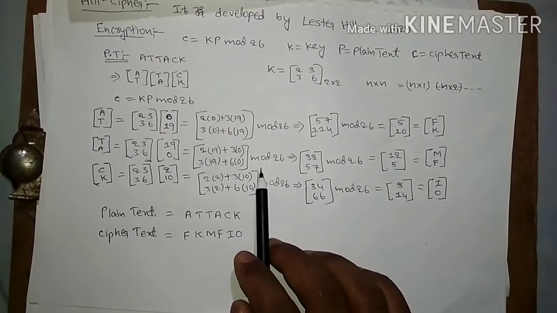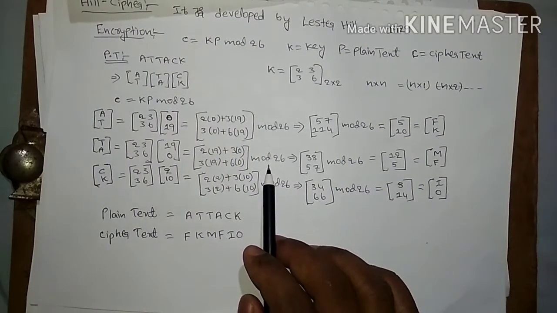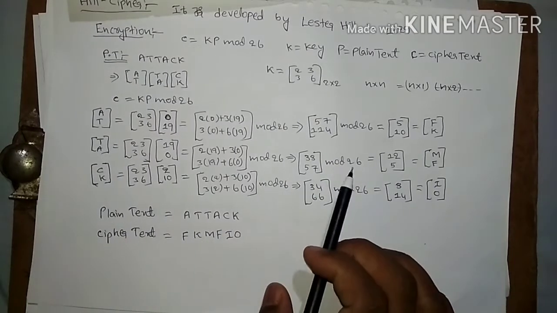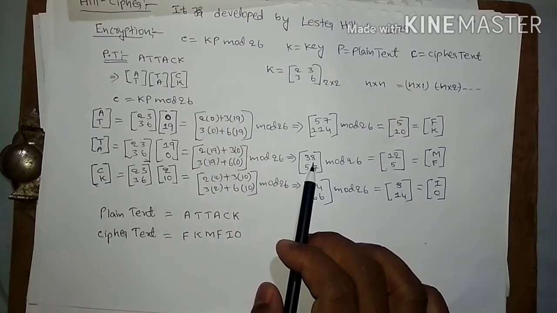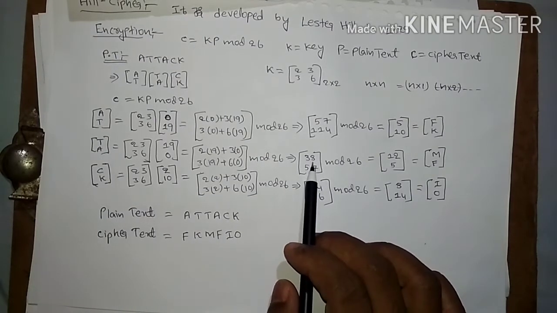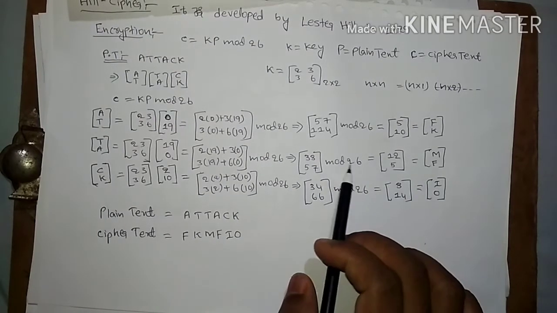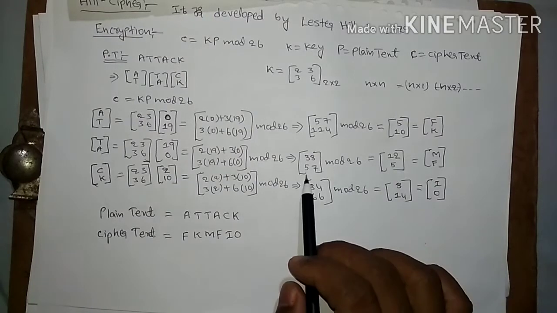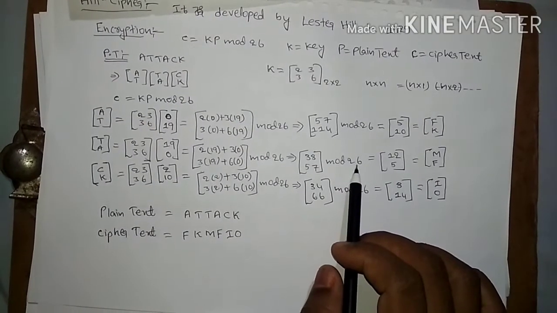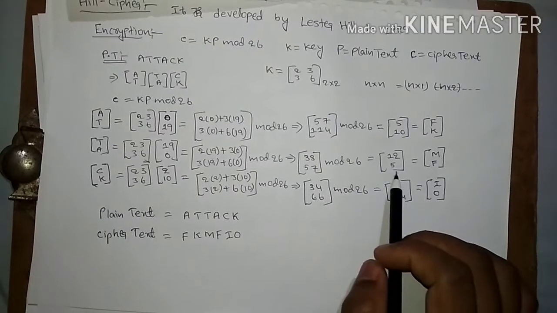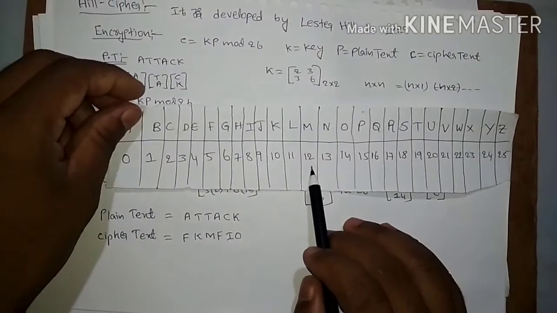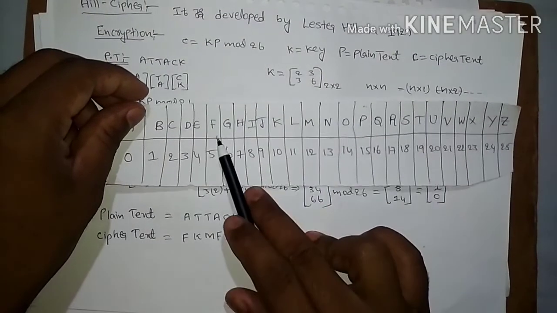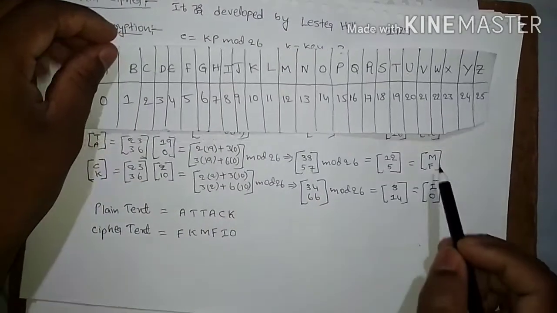Multiplication, same, applying mod 26, we get 38 and 57. 38 mod 26, the remainder is 12. 57 mod 26, 26 times 2 is 52, the remainder is 5. So 12 comma 5. 12 value is M, 5 value is F. MF.